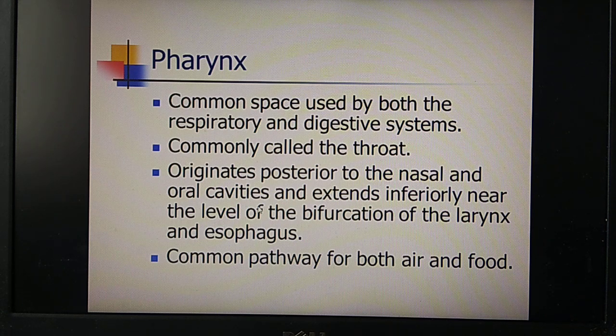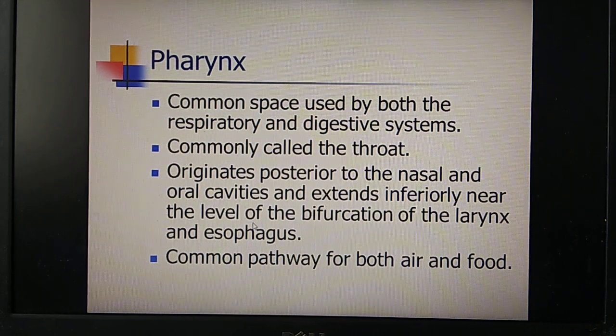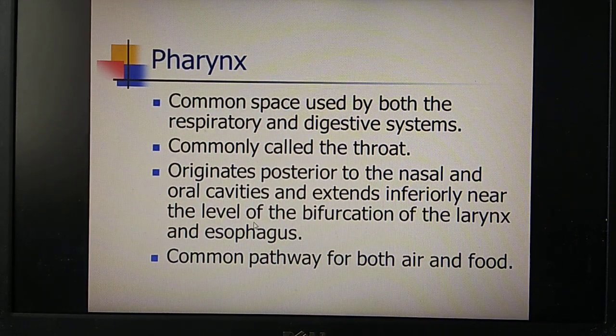So we have 2 important organs called glottis and epiglottis, which help with swallowing. The epiglottis usually behaves like a pendulum. Sometimes it closes the respiratory tract whenever the food particles have to enter into the digestive tract, and whenever the air has to enter into the respiratory tract, it closes the digestive tract.